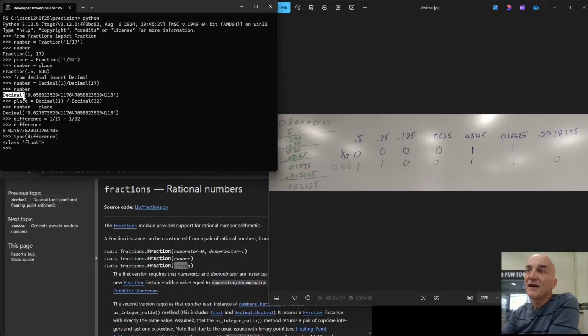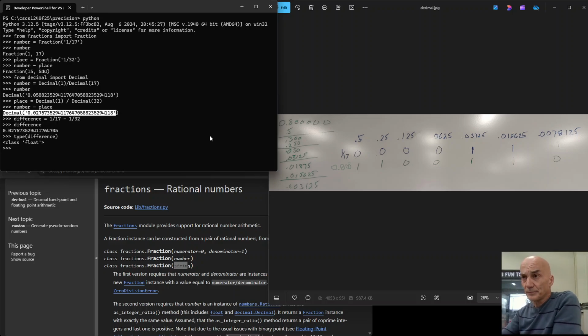That is a Decimal object with this value. Okay, so I can now say that my place value is Decimal initialized to 1 divided by a Decimal initialized to 32. Again, Python somehow knows how to divide Decimal objects. It's not dividing those numbers, as we'll see in a moment. But anyhow, if I say number minus place, it says, oh, that's a Decimal object with this value.